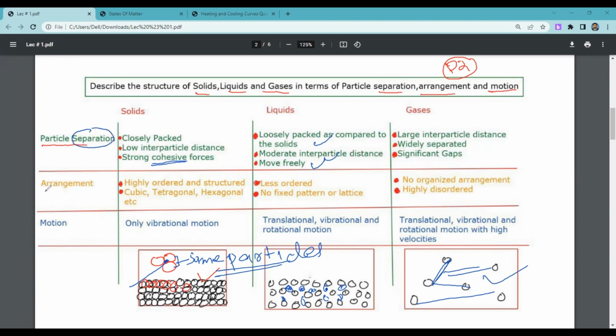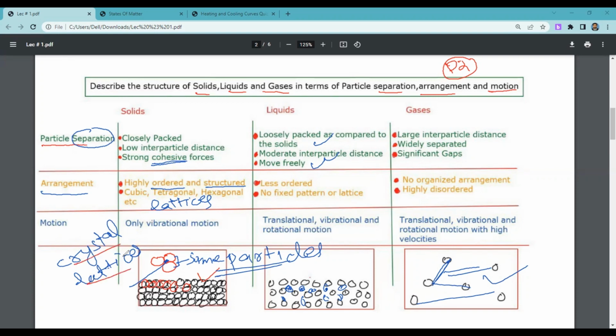While if we talk about arrangement, the solid particles are highly ordered and structured. Therefore, they form certain lattices. We can also call them crystal lattices. Crystal is another name for a solid.